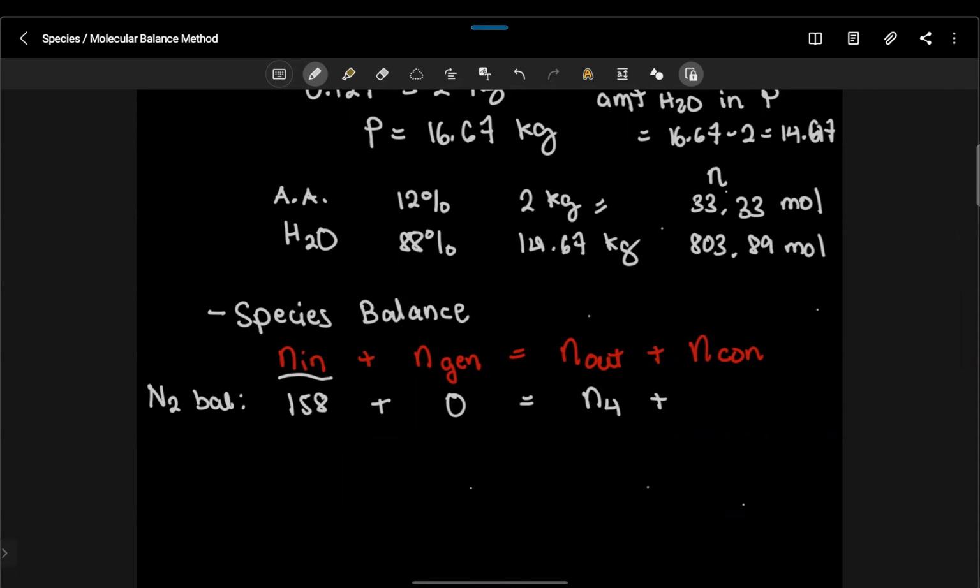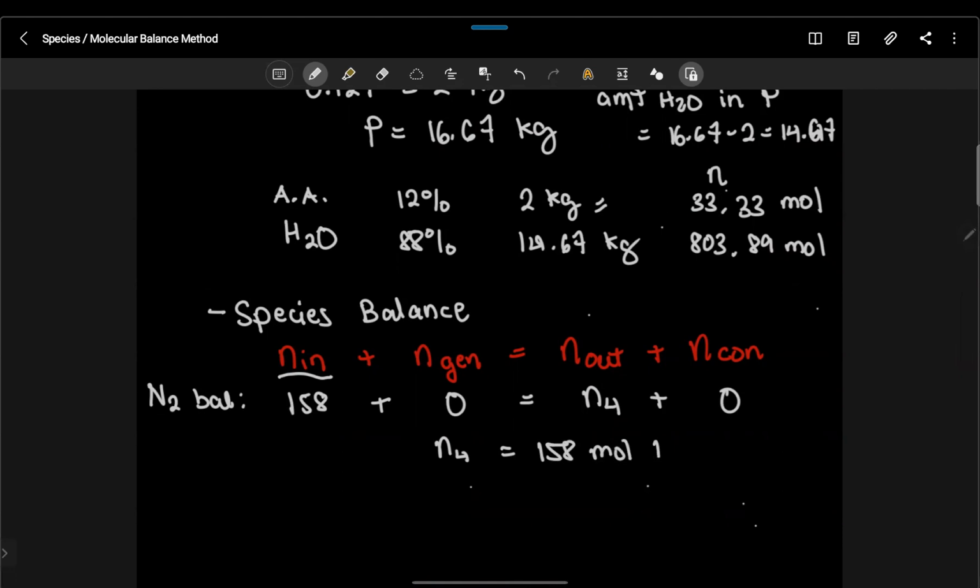Walang ganon. 0 siya kasi hindi nga siya nagpa-participate sa reaction. So, 0. So, this equation alone, nakuha na natin agad that N4 is equal to 158 moles of nitrogen. Okay? So, yung 4 unknowns natin, na-solve na natin yung isa, 3 na lang.